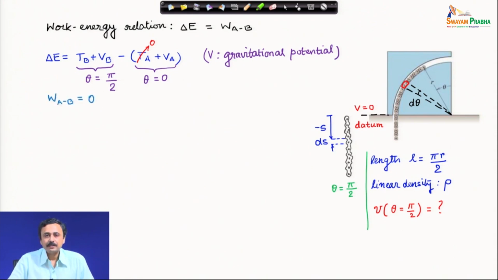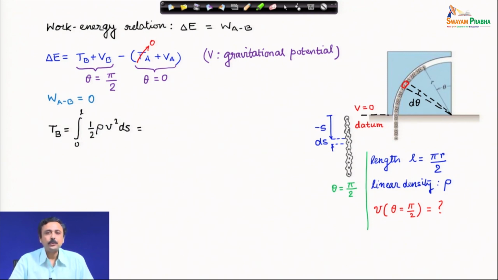As the chain moves from configuration A to configuration B, there are no other forces than the potential force, which is gravitational force, and that is already included in V. Therefore, work done by any other external force is 0. Whatever force comes is a potential force, and that has been included in V.